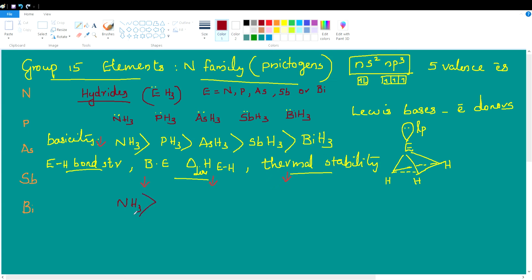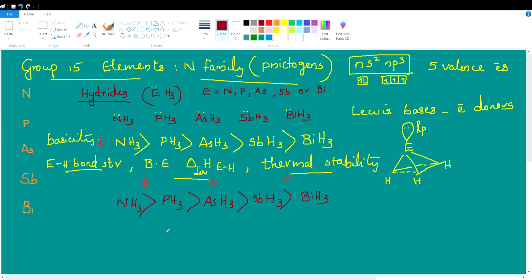Bond enthalpy maximum. Thermally most stable, then phosphine, then arsine, then antimony hydride, then bismuthine. This is the order of bond strength, bond enthalpy or thermal stability. Down the group, as the size increases, electronegativity decreases, the strength of the bond between group 15 element and hydrogen decreases. Stability also decreases.